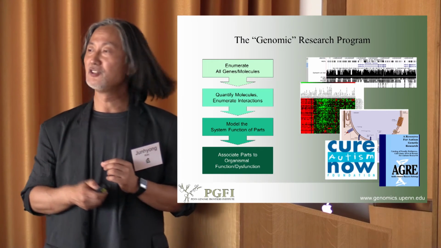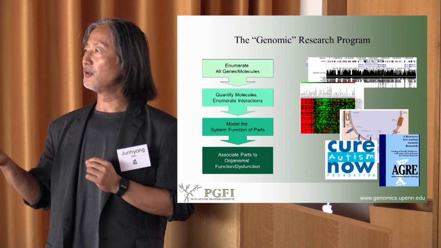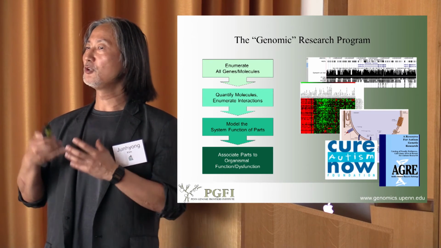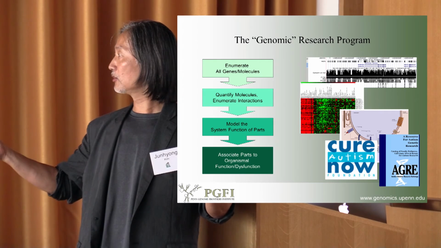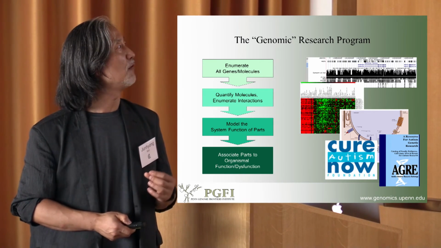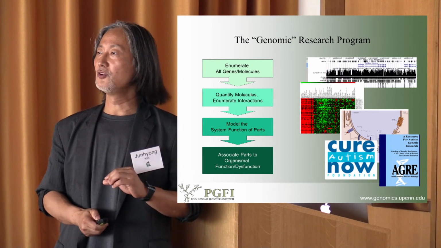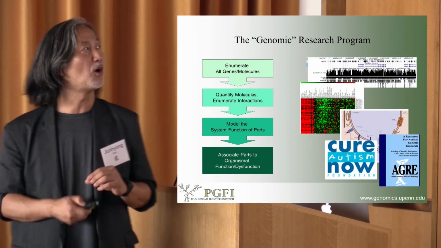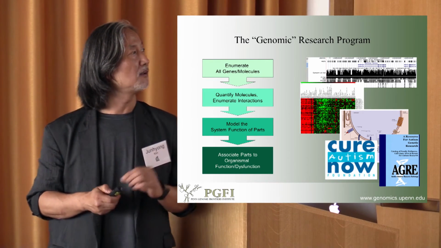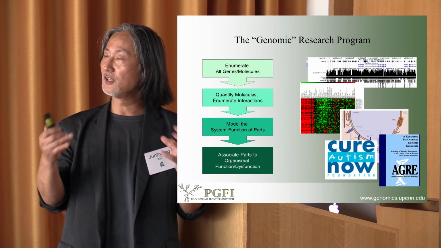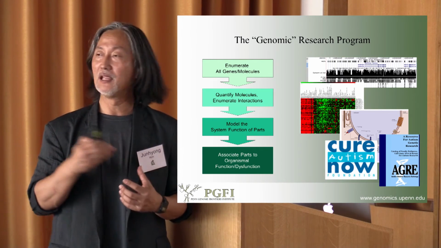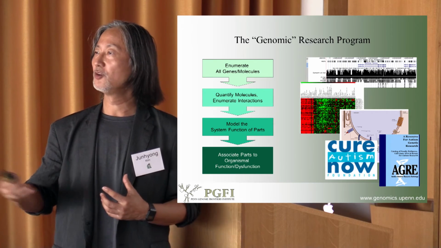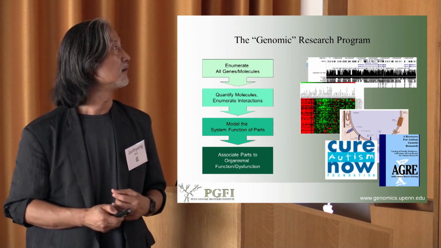We start out with enumerating all the genes or molecules, because we're able to use this economy of scale and do it simultaneously so much cheaper. Then we try to quantify those molecules, enumerate all the interactions that the molecules are doing. Then we model the system function of those parts, what they're doing as a system, and eventually try to get what they mean for the function or the dysfunction of the organism.